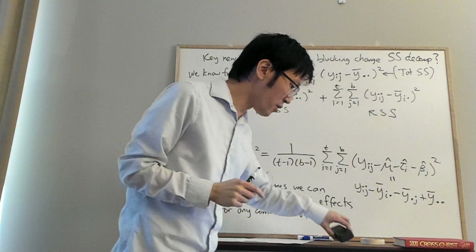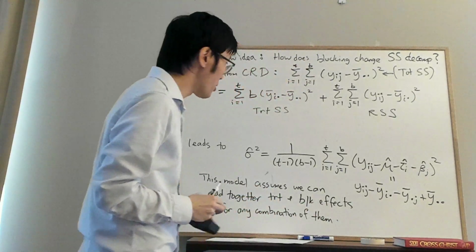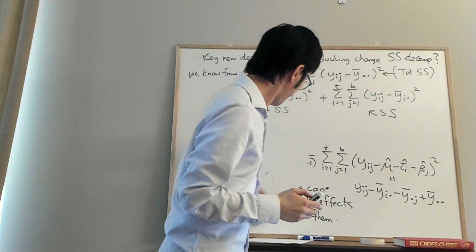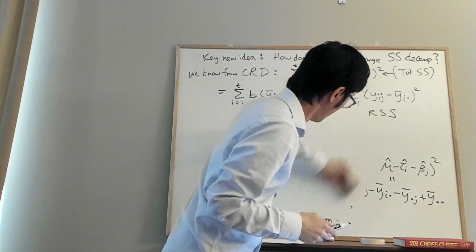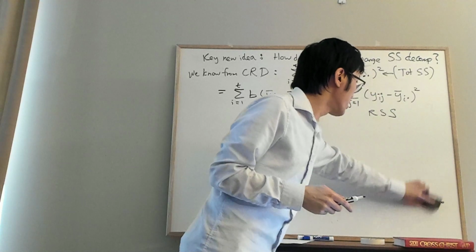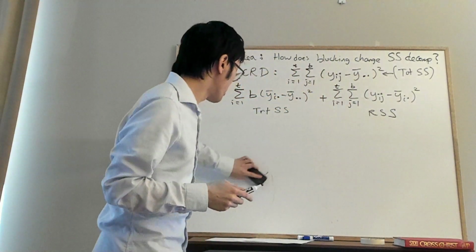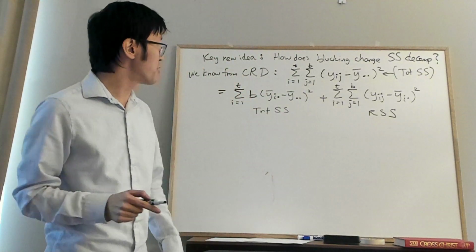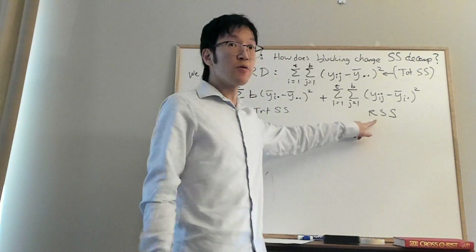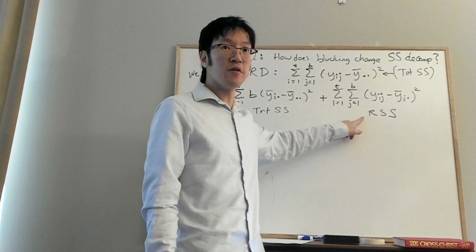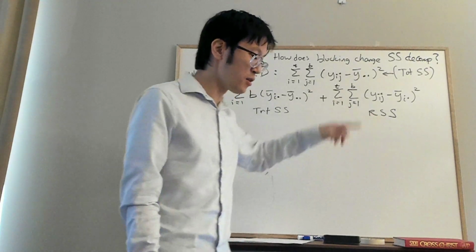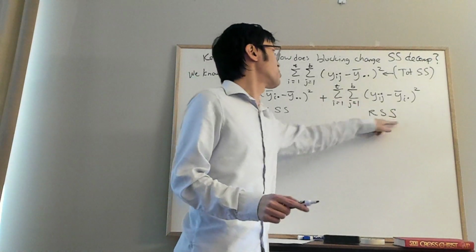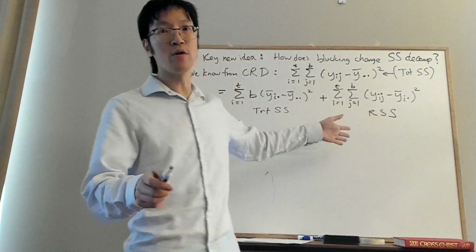Now let's add in what we have now because of blocking. The key idea here, which I will say just to overview first before I dig into the math, is that the residual sum of squares that we saw in the completely randomized case is going to break down into two subparts.